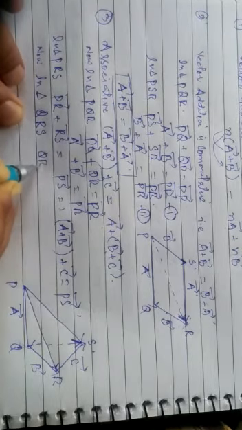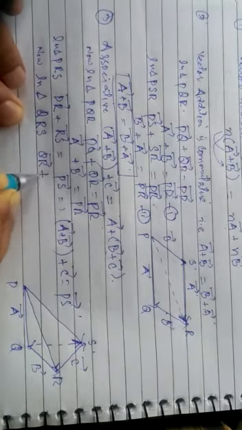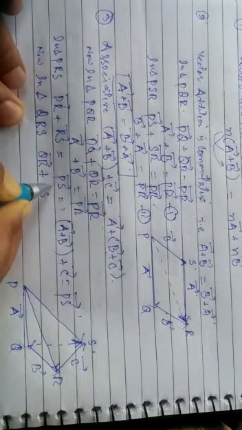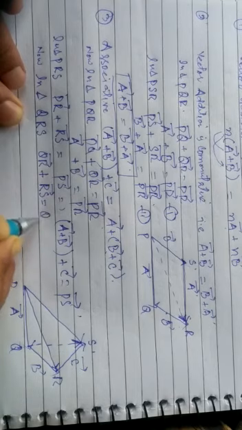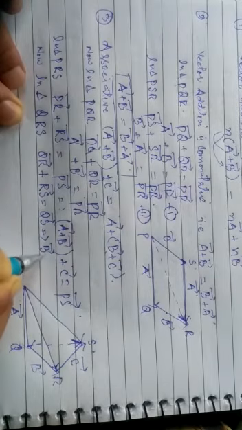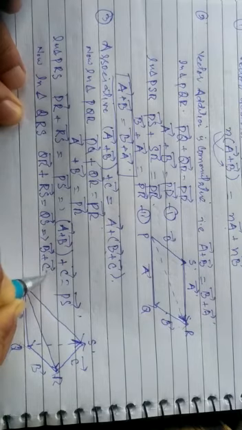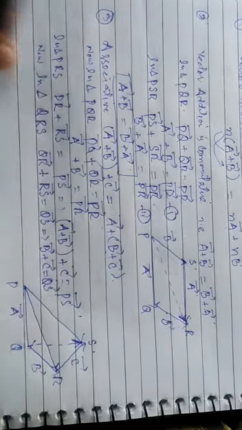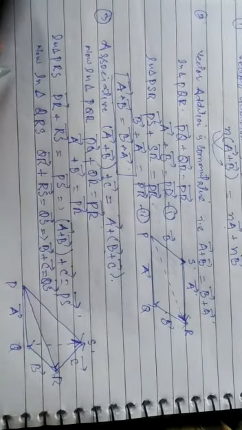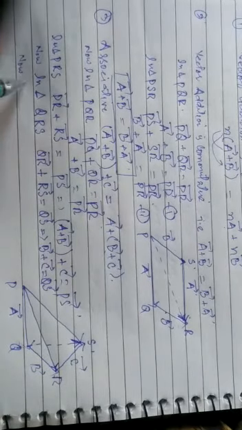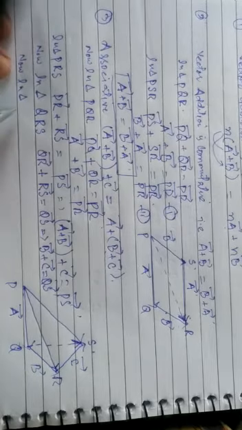We have QR vector plus RS vector equal to QS vector. QR is simply B vector plus RS, that is simply C vector, equal to QS vector.